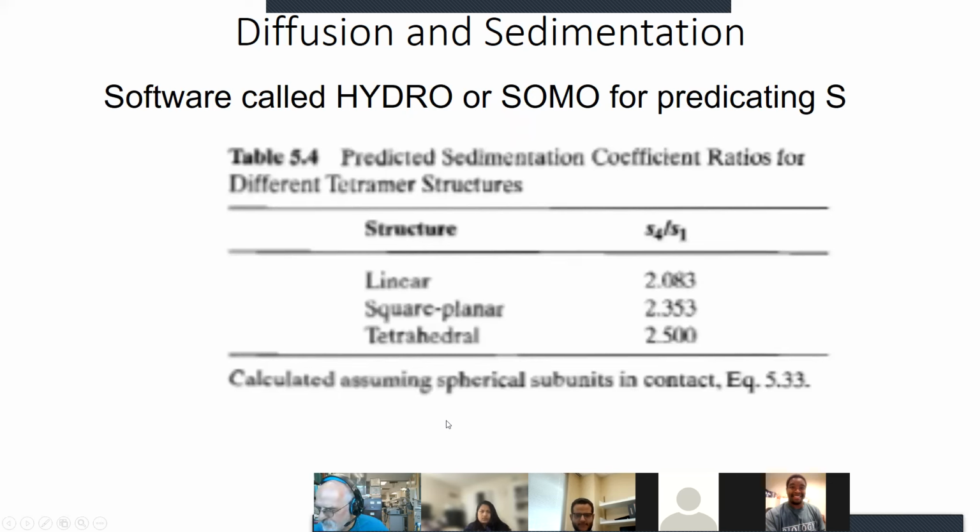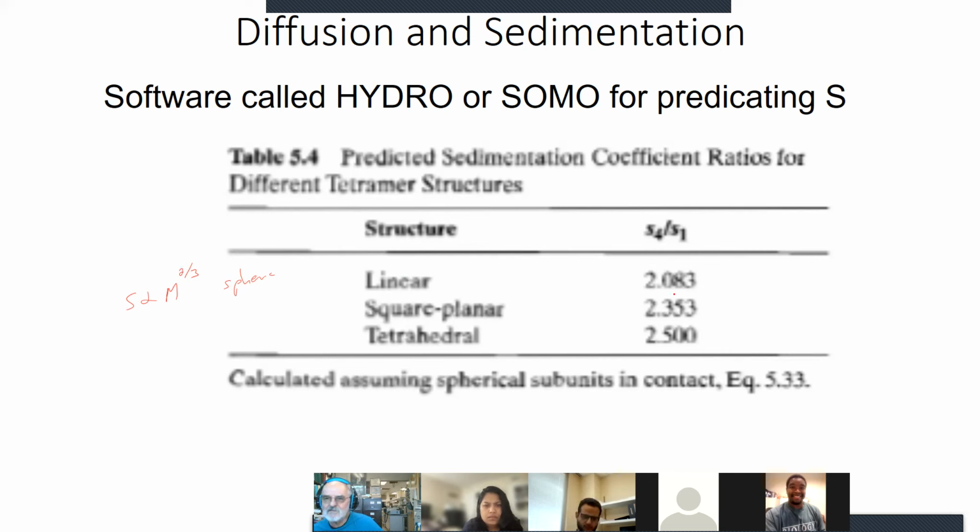Let me say one more thing about this to put this in a different language. If S goes as m to the 2/3 power, and this is actually an approximation that assumes a sphere going to a sphere, the monomer of S1 is a sphere, and the tetramer S4 is also a sphere. This would go as m to the 2/3 power.